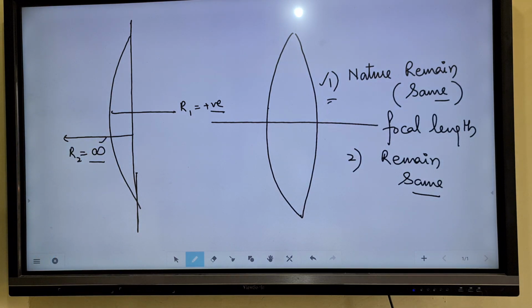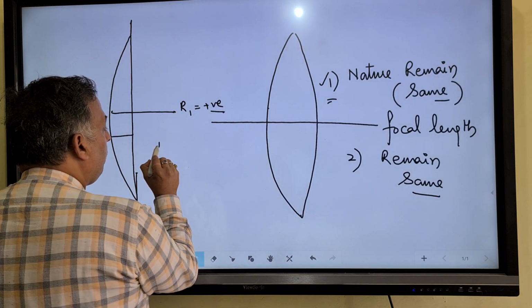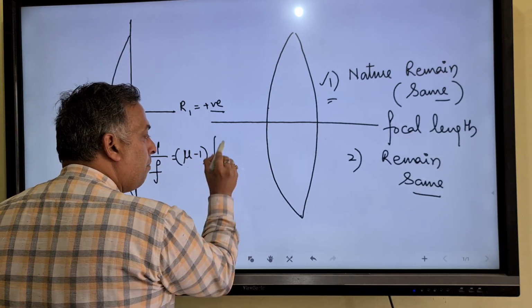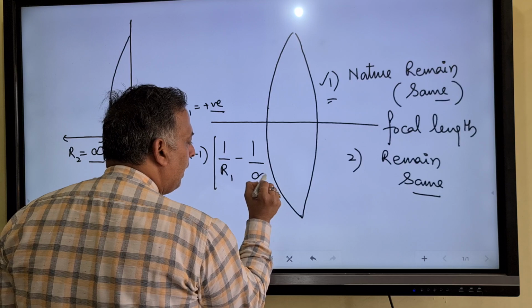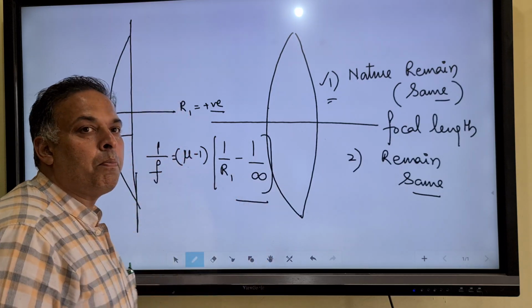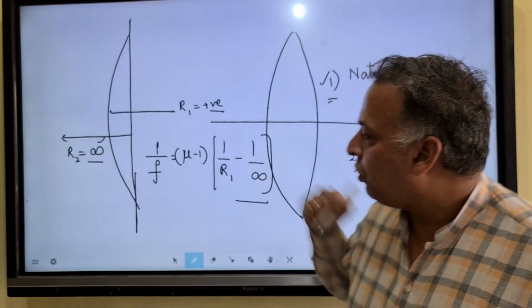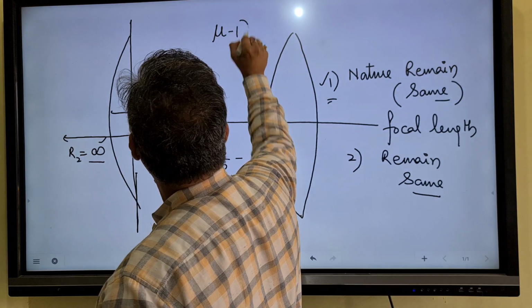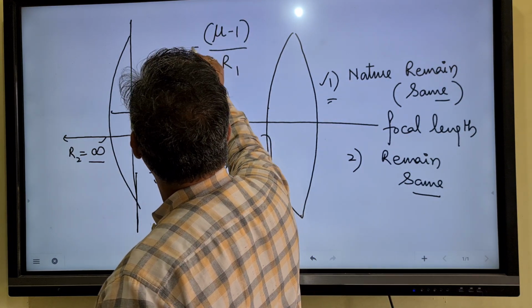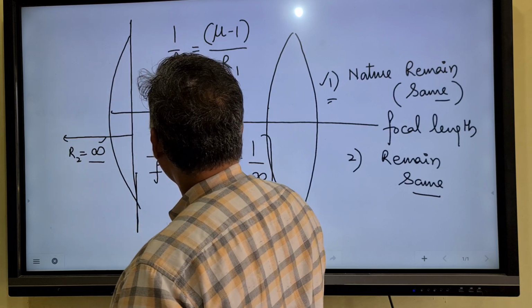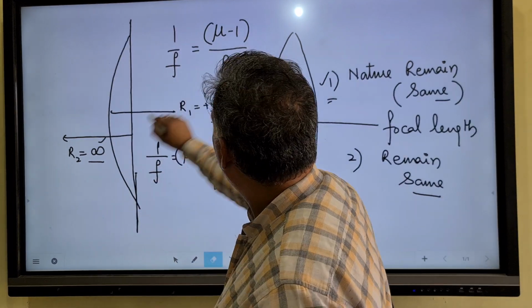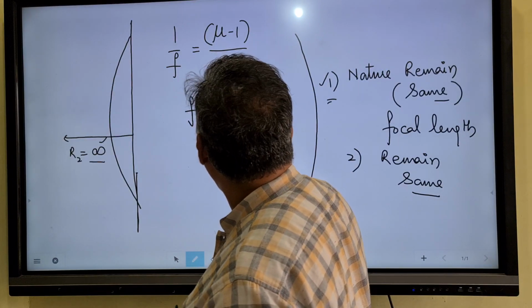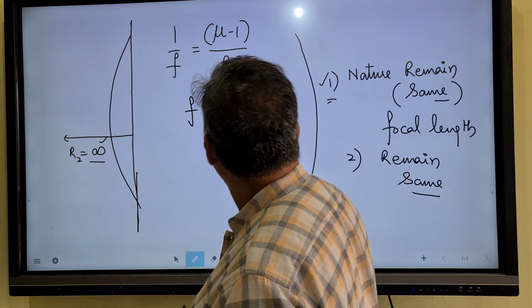So 1 by f is mu minus 1 into 1 by r1 minus 1 by infinity, which becomes mu minus 1 upon r1. Here f becomes equal to r1 upon mu minus 1.